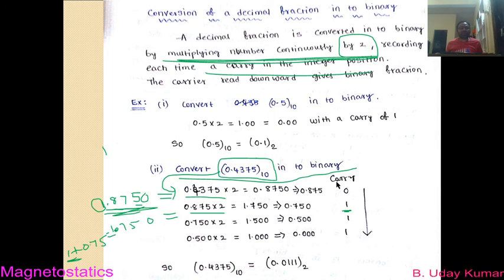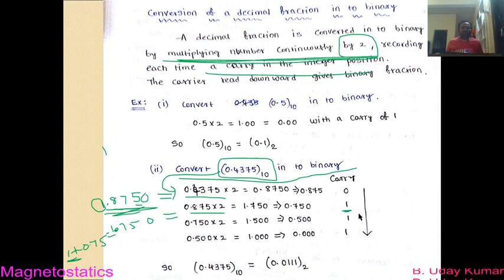But before writing it down, you must remember the order in which the carries have to be taken. Okay, so anyway, this is what was given to us, 0.4375 to the base 10 is equal to, so since it's a fraction, first of all put a fraction point there, 0 point, you have to write it down first, and then next, what are the values that you got in case of carries?